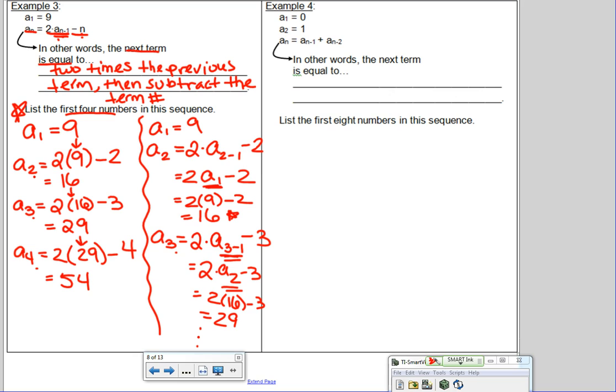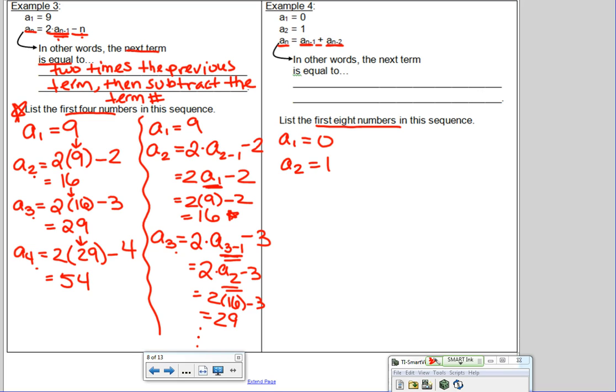So for this one, we have to find the next 8 numbers. So we have A sub 1 is 0. A sub 2 is 1. Okay, the next term is equal to the term before it plus, and then we have this new one. You might be able to figure out what that is. That says n minus 2. So that means it's 2 terms before it.